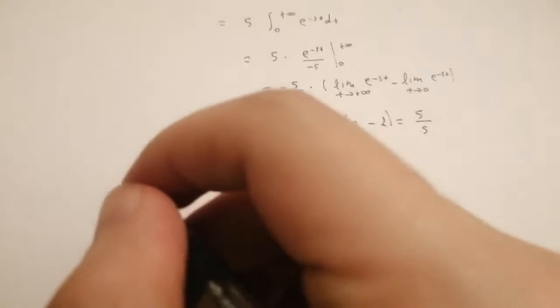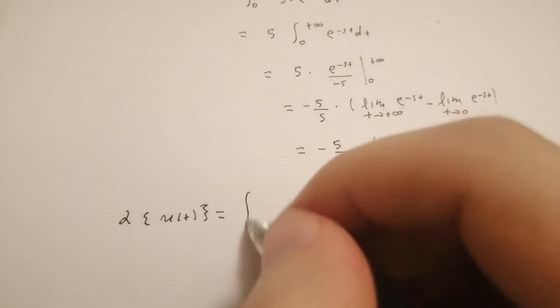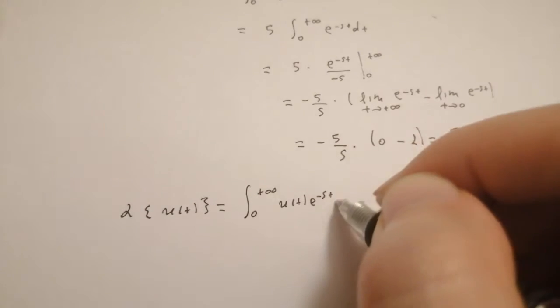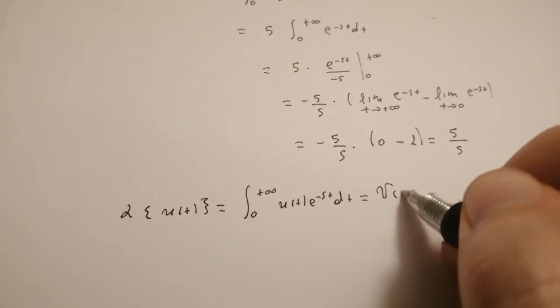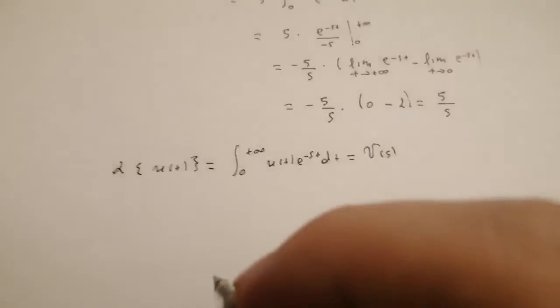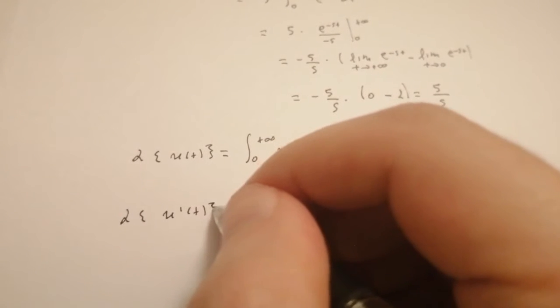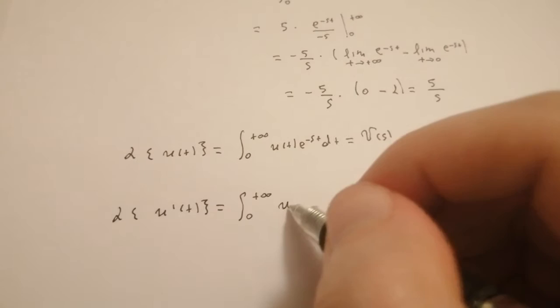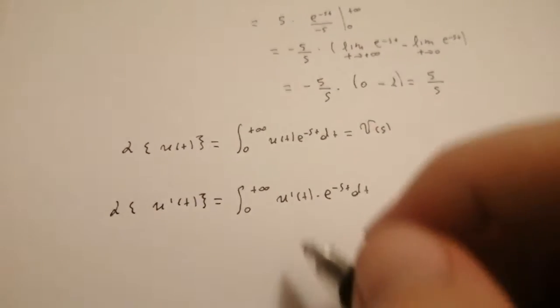Now, of course, the Laplace transform of u of t is just equal to the integral from 0 to infinity of u of t e to the minus s t dt, so it's capital U of s. Now I compute the Laplace transform of the first derivative, which is the integral from 0 to infinity of u prime of t times e to the minus s t dt.